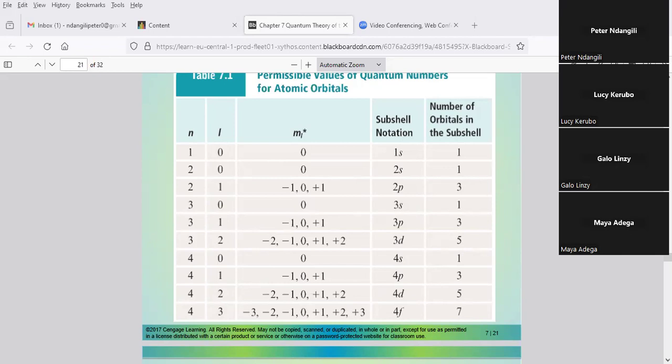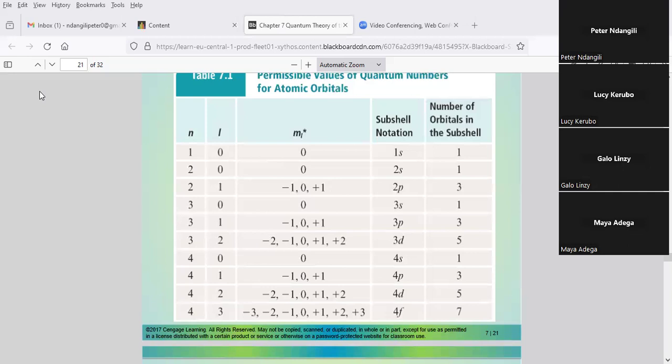So maybe you should put an emphasis on when you enter a new energy level, L is automatically 0, because you can't take n minus 1. For example, for n equal to 4, n minus 1 is 3, yet L there is 0. So maybe just put an emphasis on that.